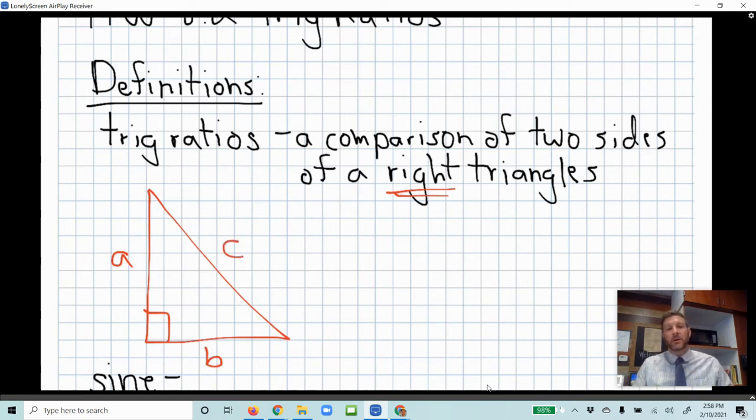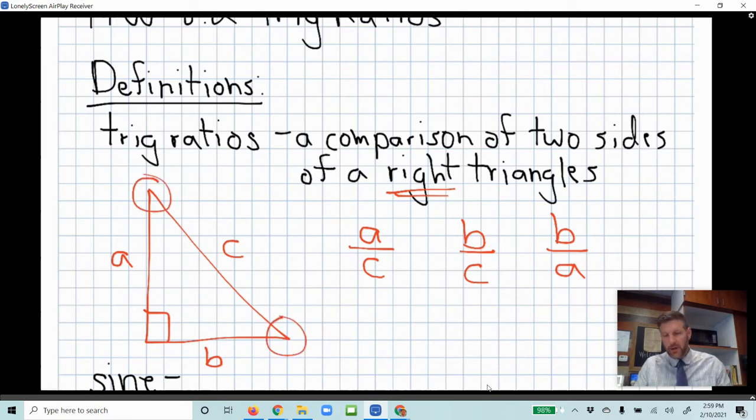Typically, we'll call the legs A and B, and we'll call the hypotenuse, as we've learned, C. And so a trig ratio would be something that basically compares, let's say, A over C, or maybe B over C, or maybe B over A. I'm going to keep it general for this definition, but what we found is that with a right triangle, there is a direct relationship between the different sides or the ratios of these right triangles and their angles.